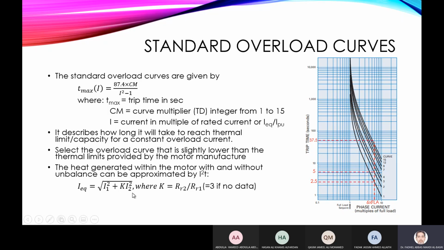And you want to take that effect into consideration. Now, because the positive sequence and negative sequence do not have the same proportional effects, that's why I use this factor. And to also take into account the increase in resistance of the rotor winding due to the skin effects, due to the negative sequence current.